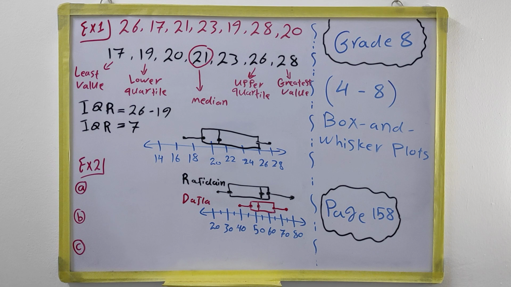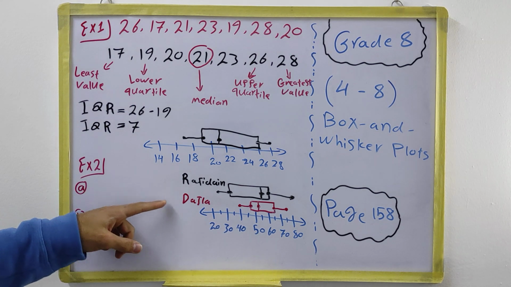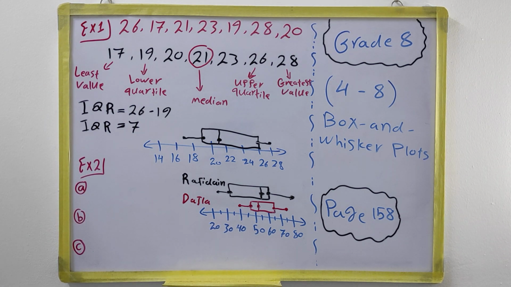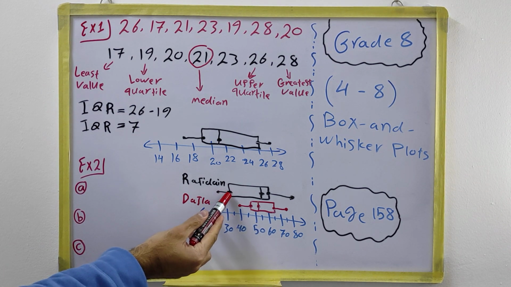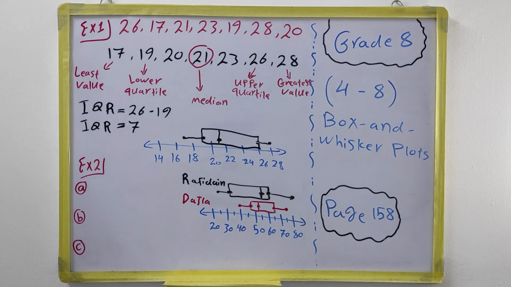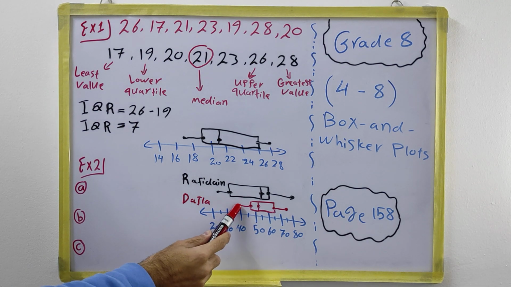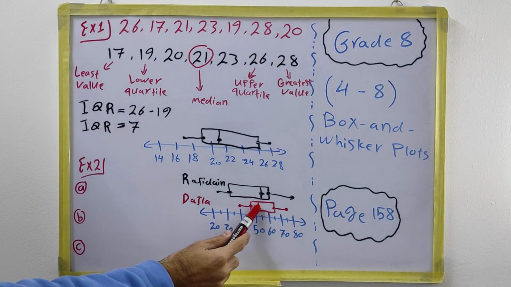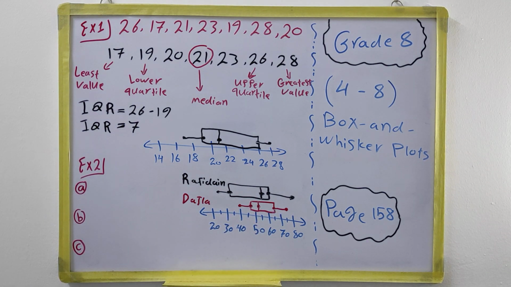In example 2, we have two box and whisker plots on the same line. One of them is for Rafidin, one of them for Dijla. Now we know this is the least value, lower quartile, median, upper quartile, and greatest value.